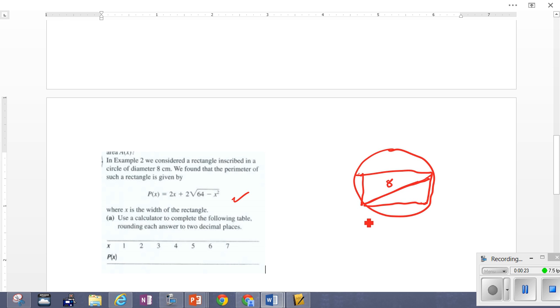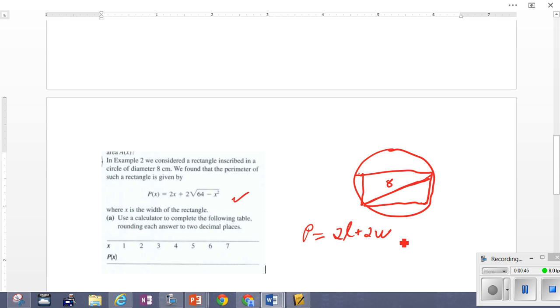Okay. And what we want to do is see how we find that perimeter function. The perimeter of the rectangle. Okay, so the perimeter of any rectangle, of course, is 2 lengths plus 2 widths.